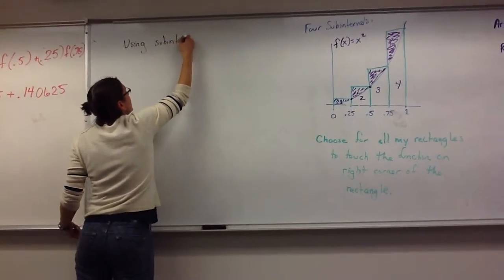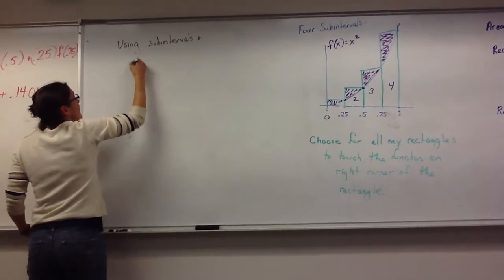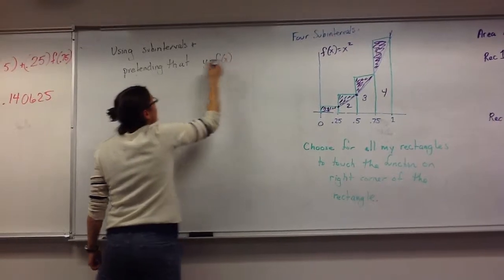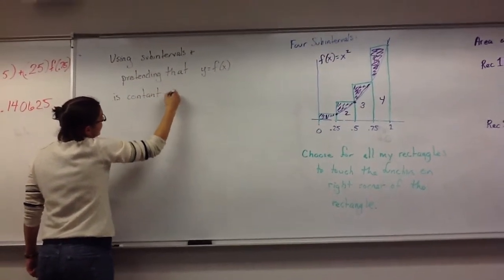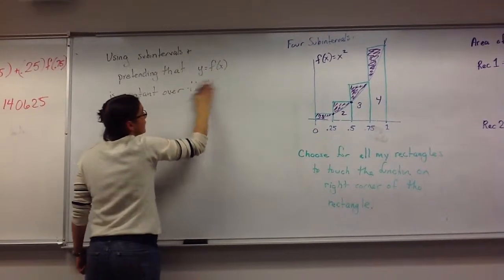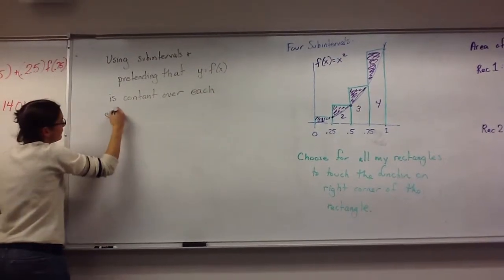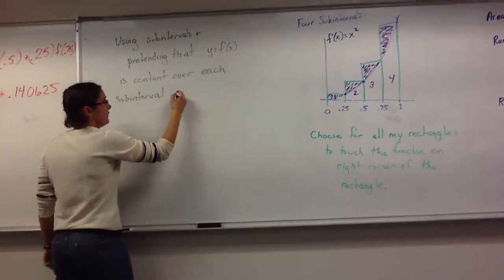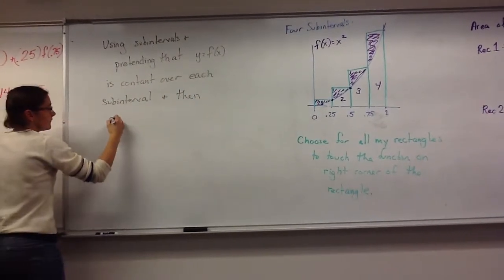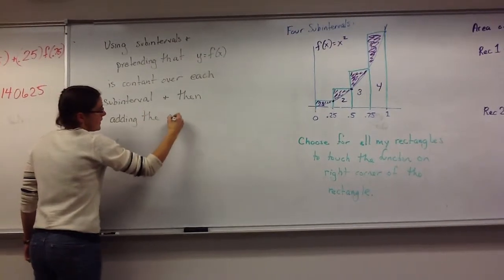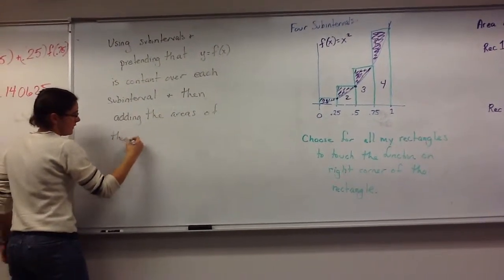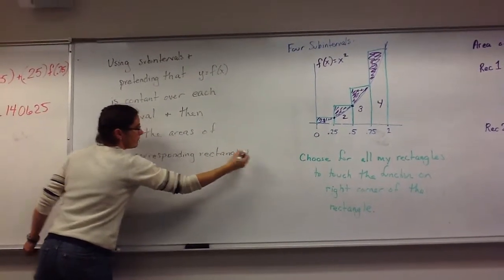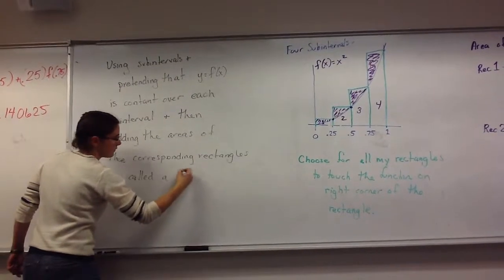Using subintervals and pretending that y equals f of x is constant over each subinterval, and then adding the areas of the corresponding rectangles is called a Riemann sum.